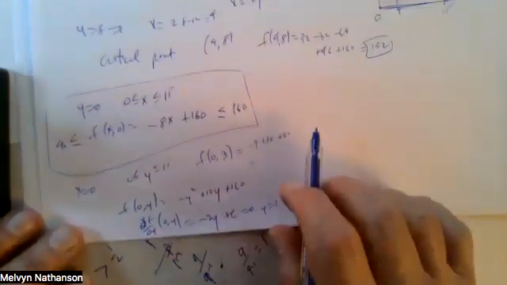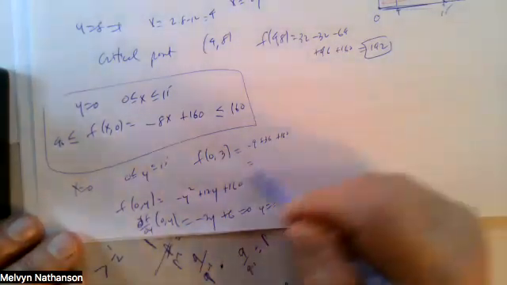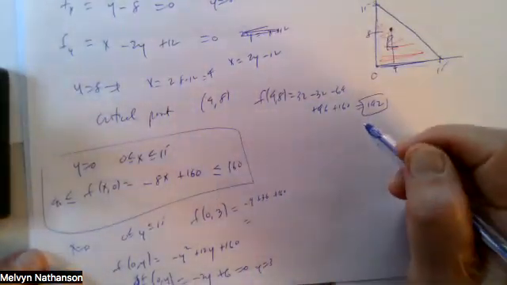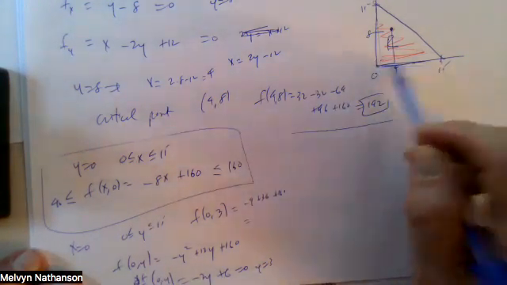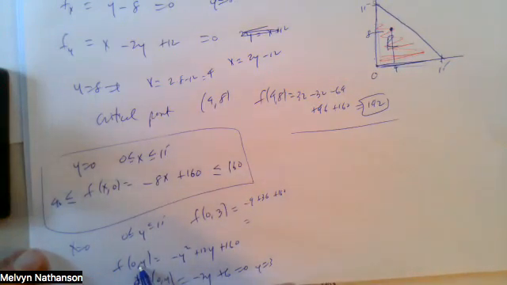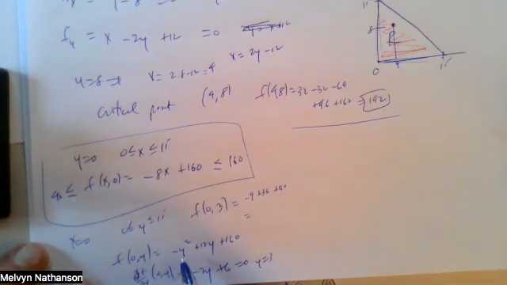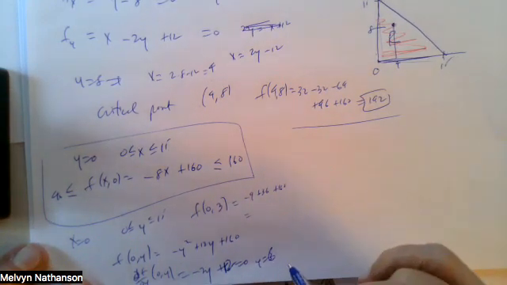Oh, sorry. Let me do this function. I'm trying to squeeze it into a little space, but let me just do it a little more carefully here. On this line, x equals 0. When x is equal to 0, the function is minus y squared plus 12y plus 160. So the derivative is minus 2y plus 12, or y equals 6.